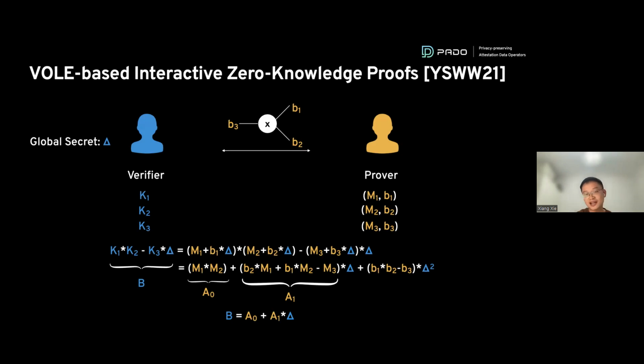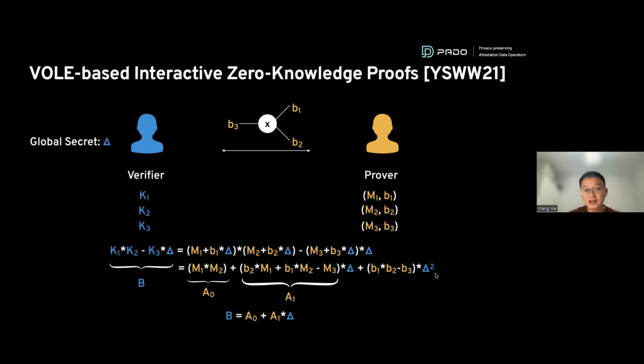If you do the math, you find that there is still a linear equation as long as B3 equals B1 times B2, because in this case the last term, the quadratic term, will vanish, and this will make it a linear relation again, which is very nice in our protocol.